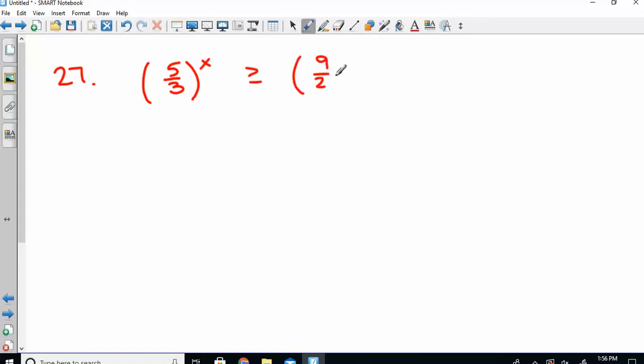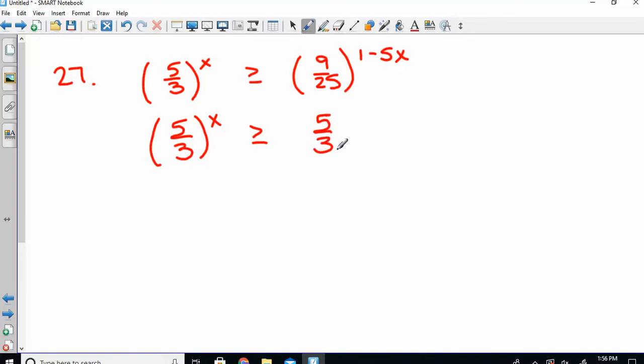So we have a 5/3 to the x. Again, we need to get a common base. I can't really break down 5/3, so I'm just going to leave that alone. 9 over 25, I could write that as a 5/3. But first of all, I notice it's flipped, so it would have to be a negative exponent.